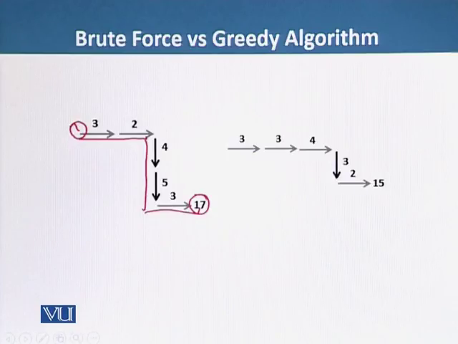If we compare this one with this one, we can see that by just adding one step further, it started from this one, this is actually 2, and we just add another step ahead. So in this greedy algorithm approach, we add one more step and then calculate the total after reaching the sink.